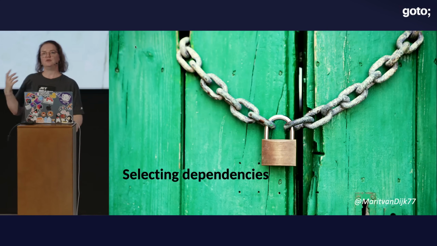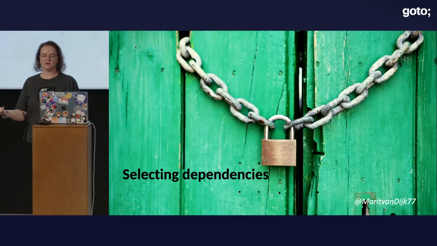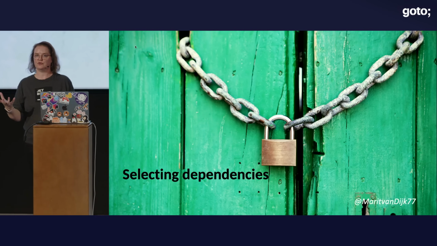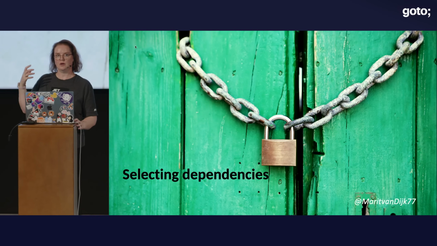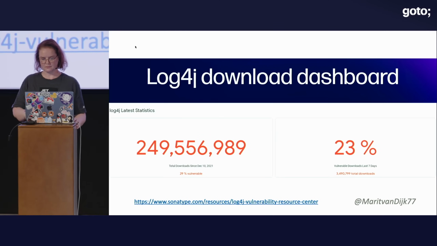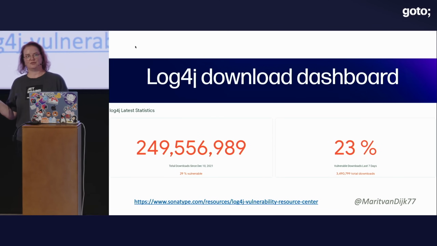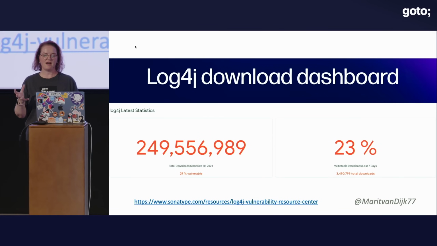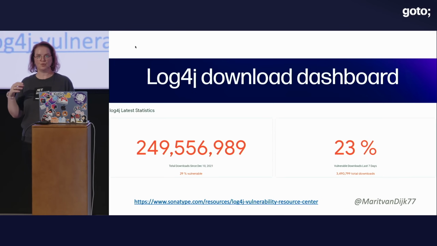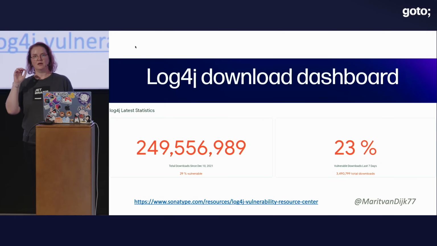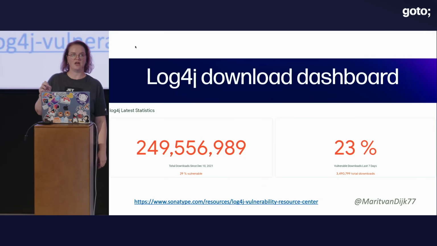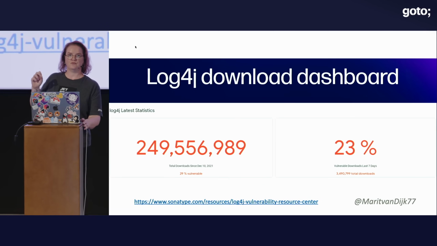And finally, if you decide that you do want to use a particular dependency, make sure that you use a version that doesn't have any known vulnerabilities. Jamie Coleman over at Sonatype shared this website with me. They have an overview of the number of people who are still downloading that particular version of Log4j with the severe vulnerability.